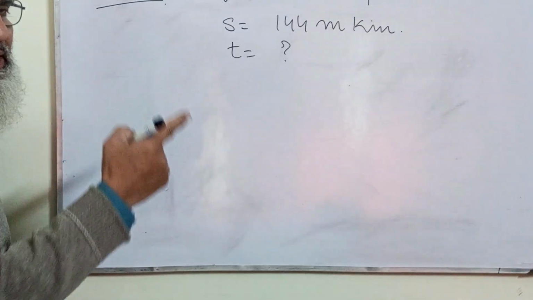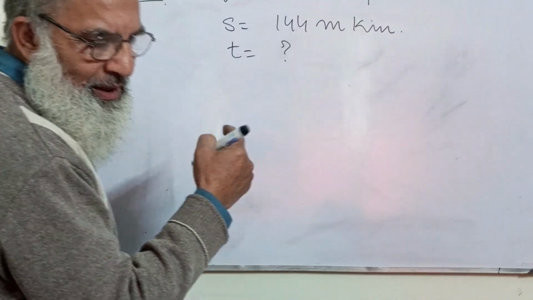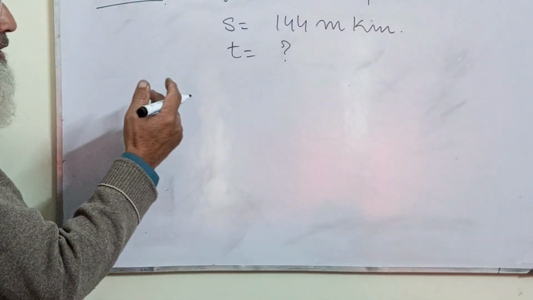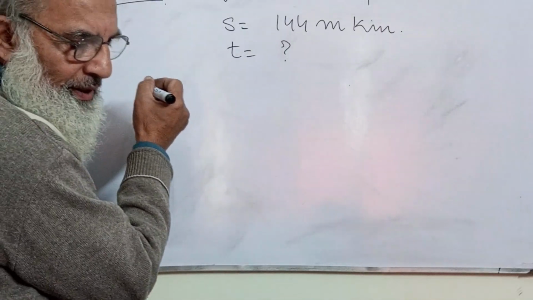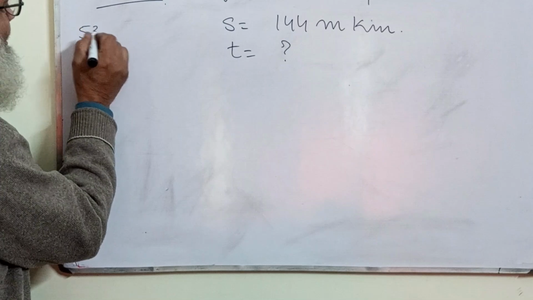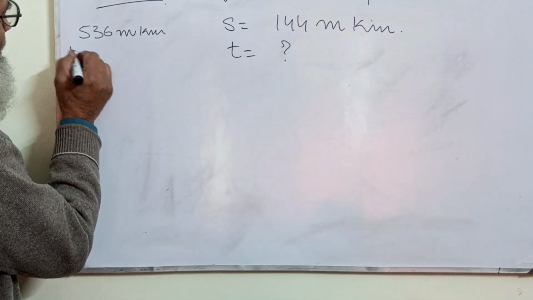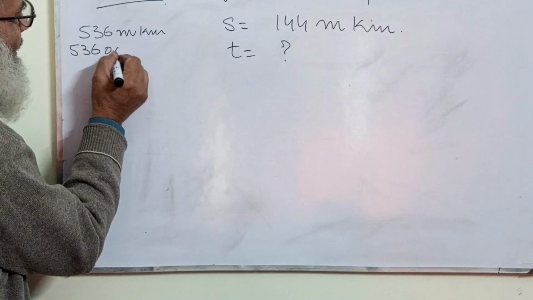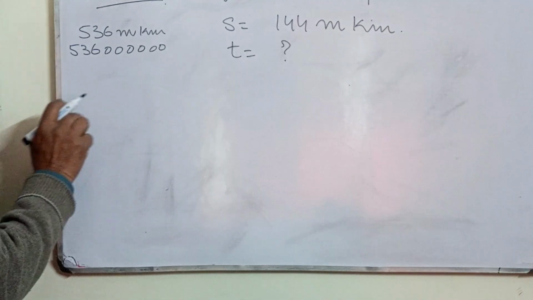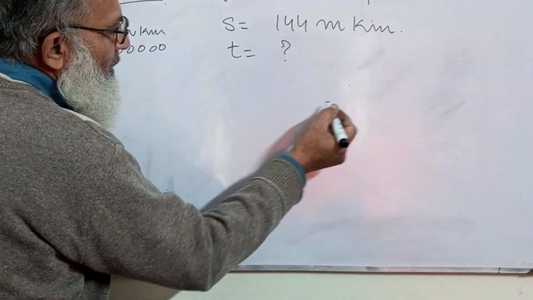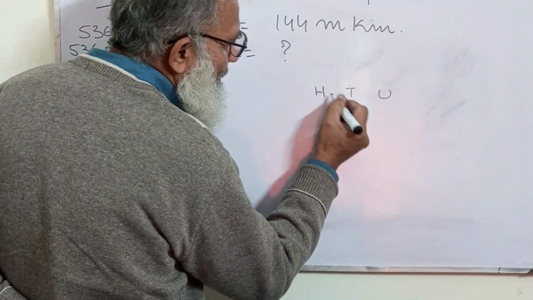You have just seen in my previous example that there were 6 zeros after million. That was 536 million kilometers, and when I wrote it in full, I had to put 6 zeros after it. So what is million? This is unit, this is 10, this is 100.